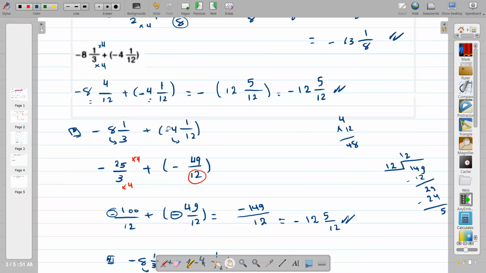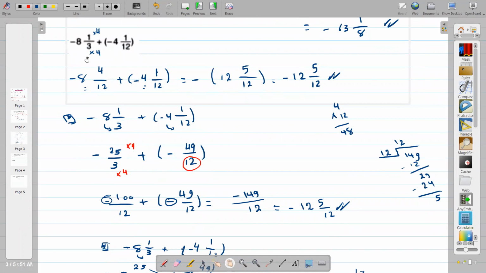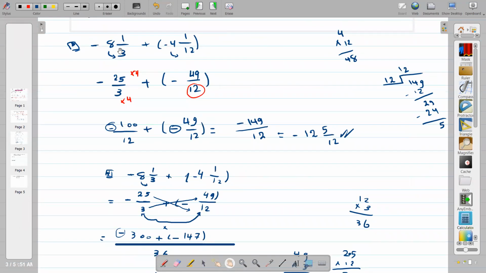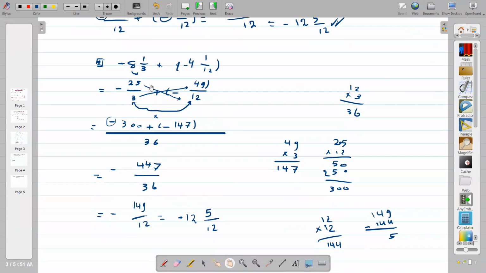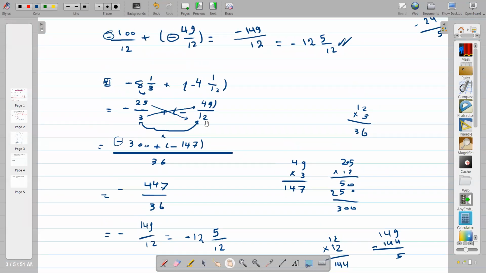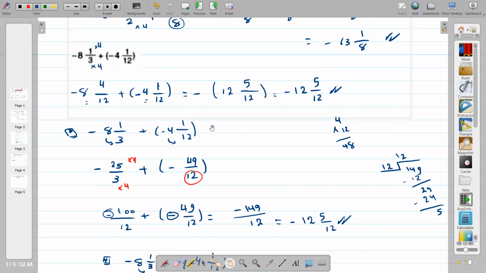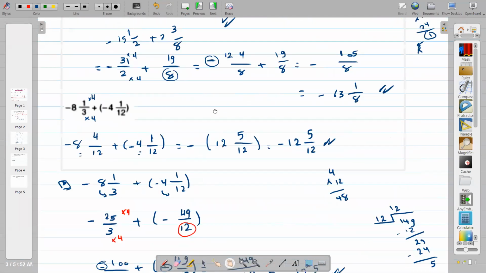Second, convert the mixed number to an improper fraction, then multiply by 4, then add or subtract. Third, the cross method, but the cross method may make big numbers, which is a problem in the dividing and multiplying. So you choose the easiest method that helps you solve it.